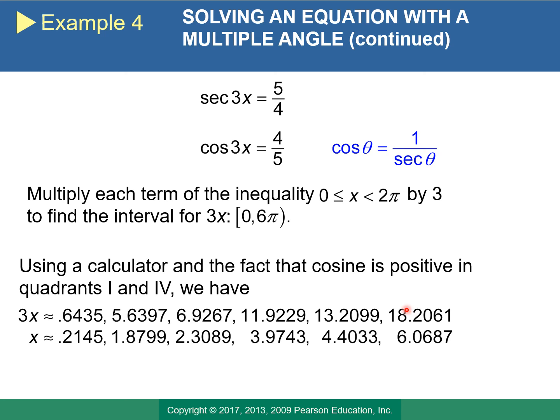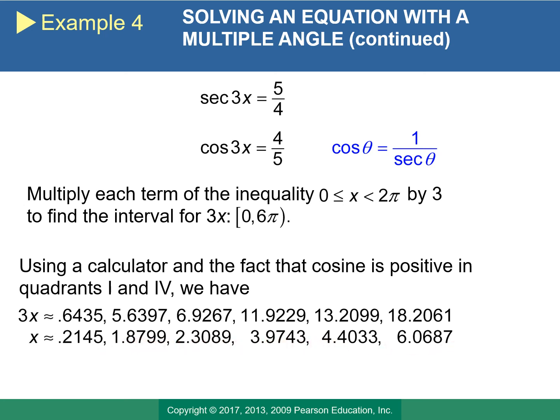Six answers make sense because in one rotation of your unit circle, you have 2 answers, since cosine is positive in 2 quadrants, 1 and 4, but then you keep going around your circle 2 more times for a total of 6 pi radians. This was for the angle of 3x, so then divide all these answers by 3, and you get these 6 answers.